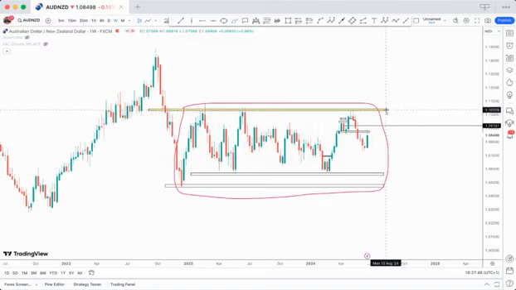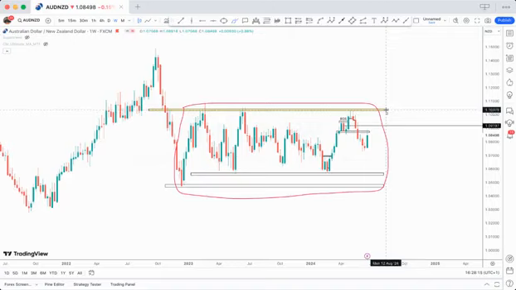So the last one, which I mentioned might not be that relevant, is the chopping market. The chopping market is when you are unable to determine if price is in a downtrend or an uptrend or even ranging. You cannot really put a finger on whether the market is moving in an uptrend or a downtrend or ranging.